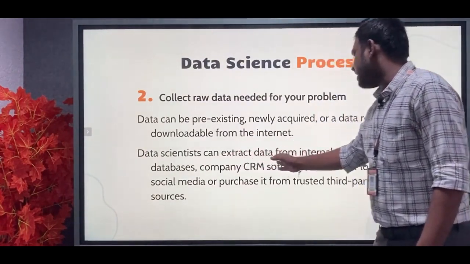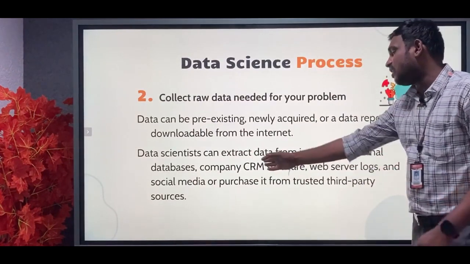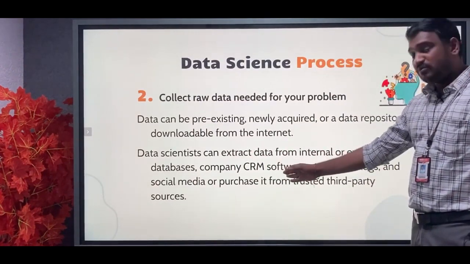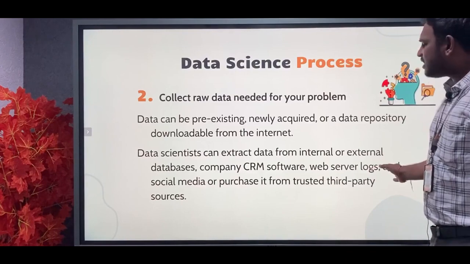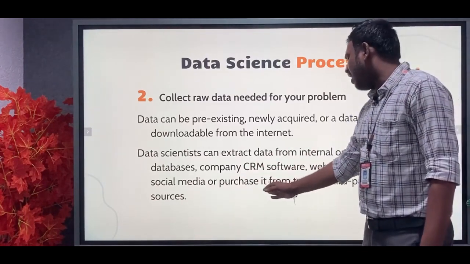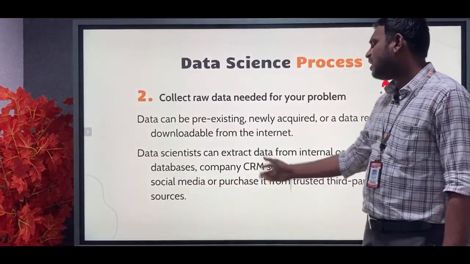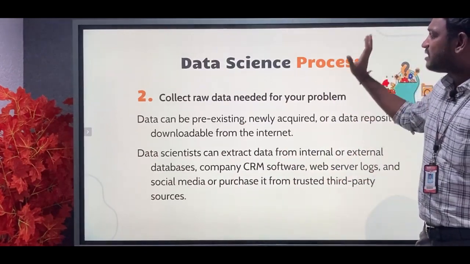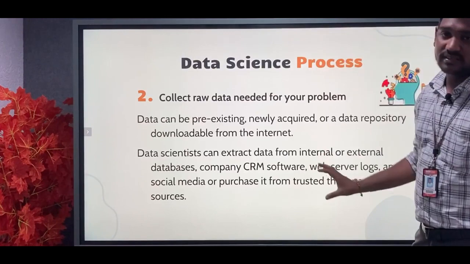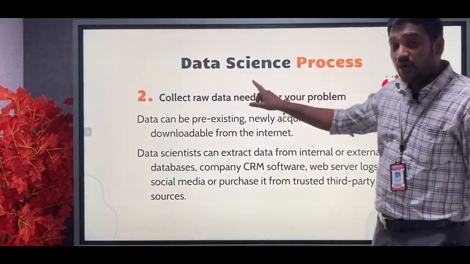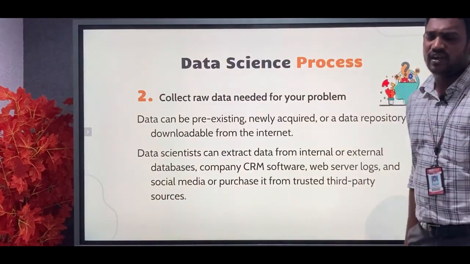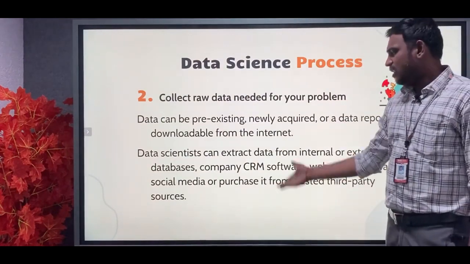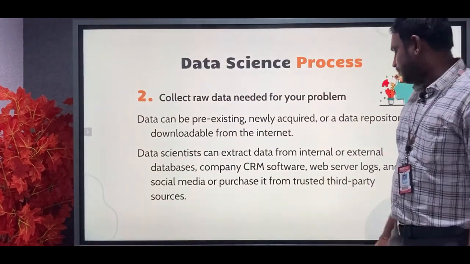Next, data scientists can extract data from internal or external databases, company CRM software, web server logs, and social media, or purchase it from third party sources. The main motto of this second step in the data science process is that you have to collect the data, in any of these ways.